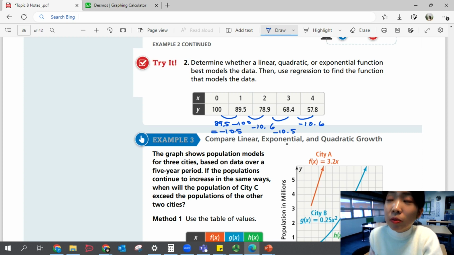And I would say they're pretty close, right? They're all decreasing at a roughly constant rate. So because our first differences are pretty much close, we can say that the linear function best fits the data. And then we're going to use regression to find a function that models the data.